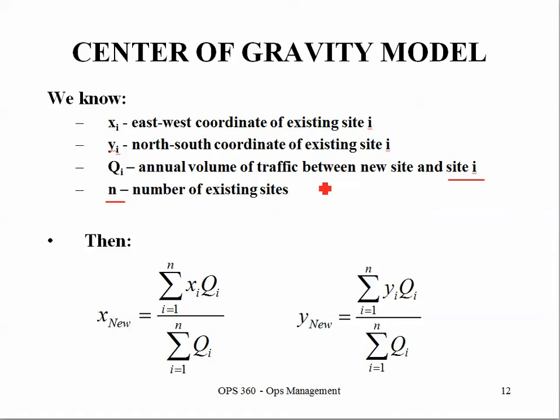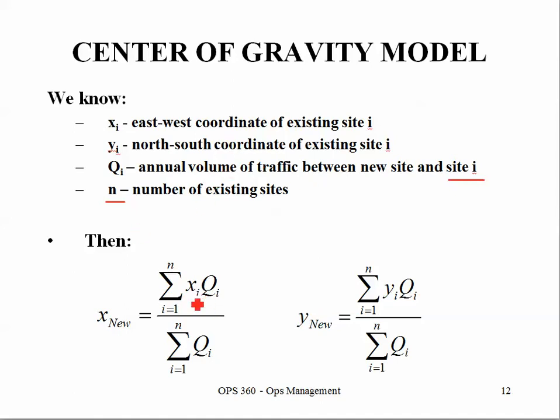We may not be considering every single possible supplier and customer, but we're primarily looking at the ones that we anticipate doing the most expensive business with, expensive in terms of shipping or transportation costs.